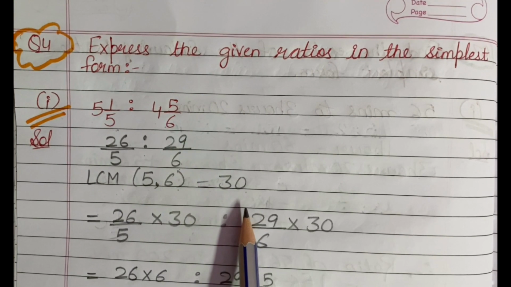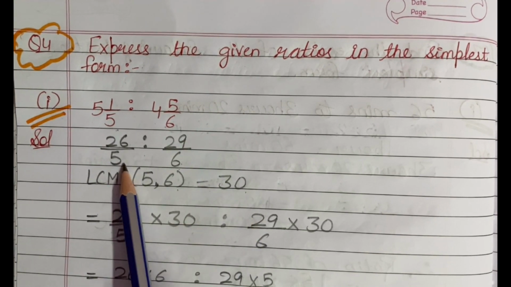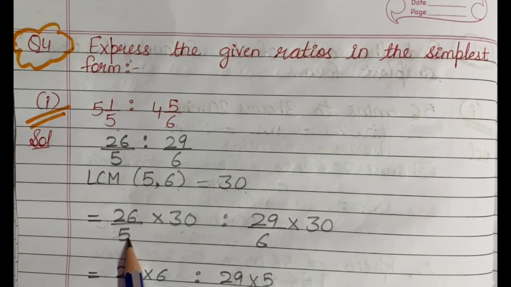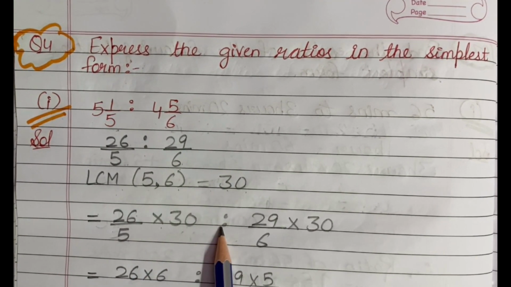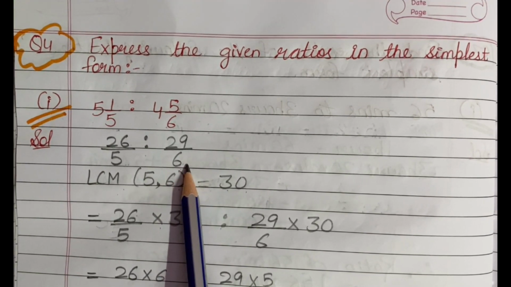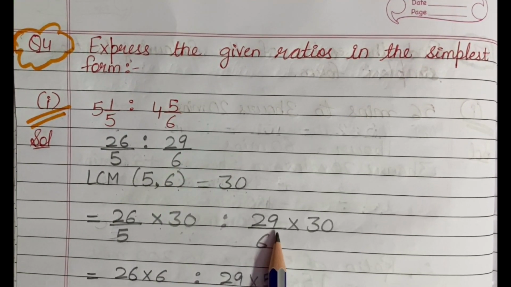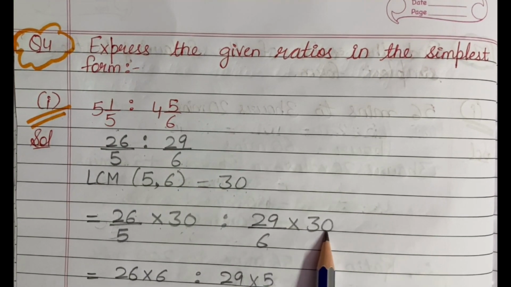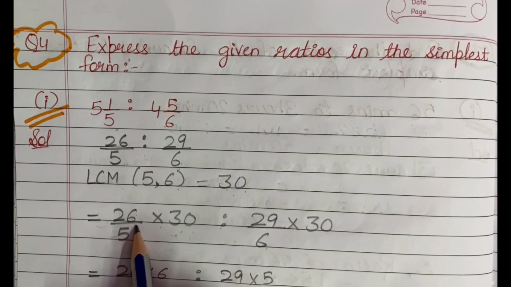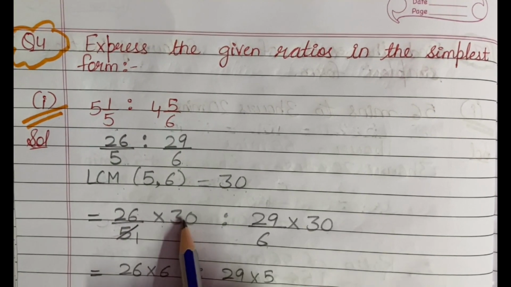Now in the next step, we will multiply the first term of the ratio by this LCM, that is 26 by 5 multiplied by 30, is to, and we will multiply the second term of the ratio by this LCM, that is 29 by 6 multiplied by 30. Now on solving this, 5 and 30 will be cancelled out. 5 ones are 5, 5 sixes are 30.